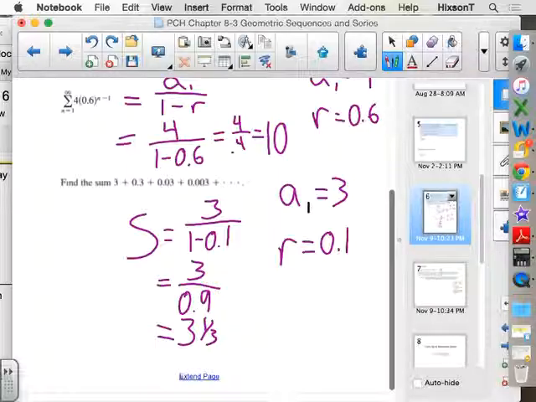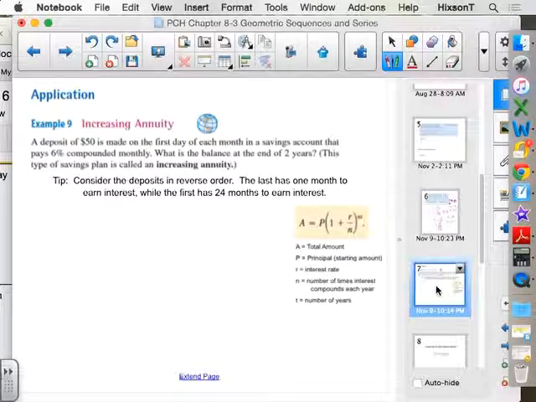Okay. One application I wanted to look at that was kind of interesting. It's an application of the partial sum, and that is what's called an increasing annuity. This is a way of saving money where you're putting away a certain amount each month.